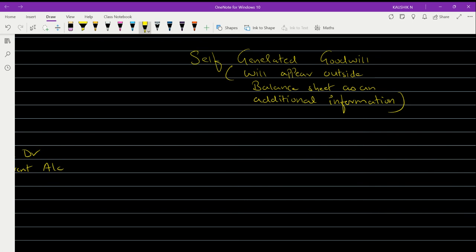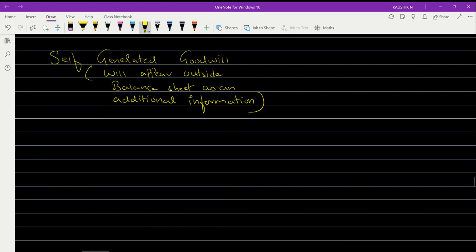It will appear outside your balance sheet as additional information.